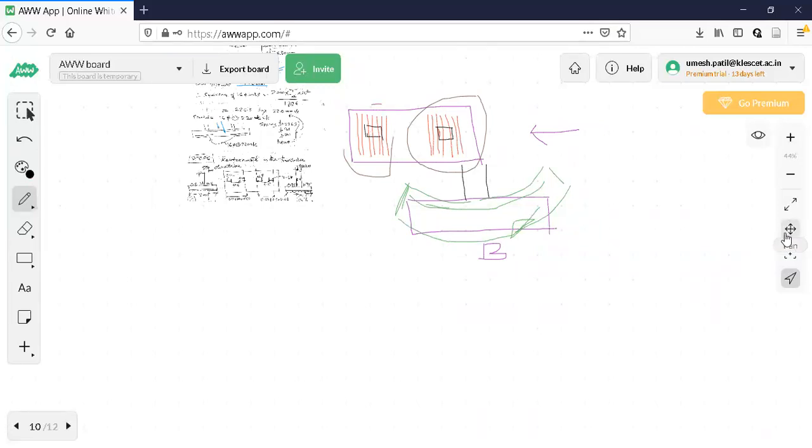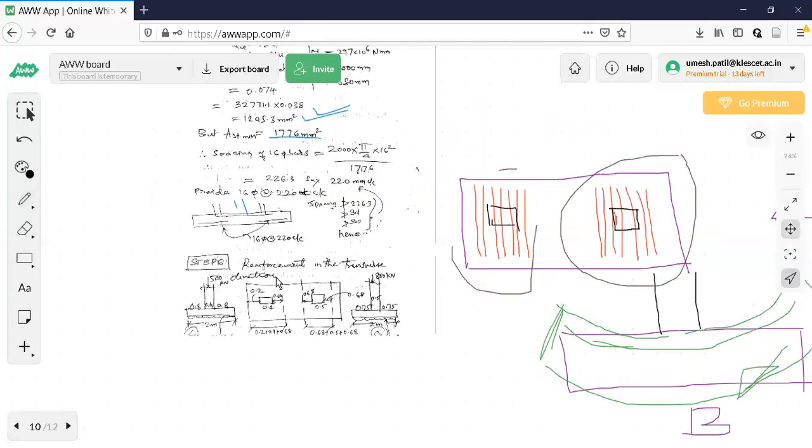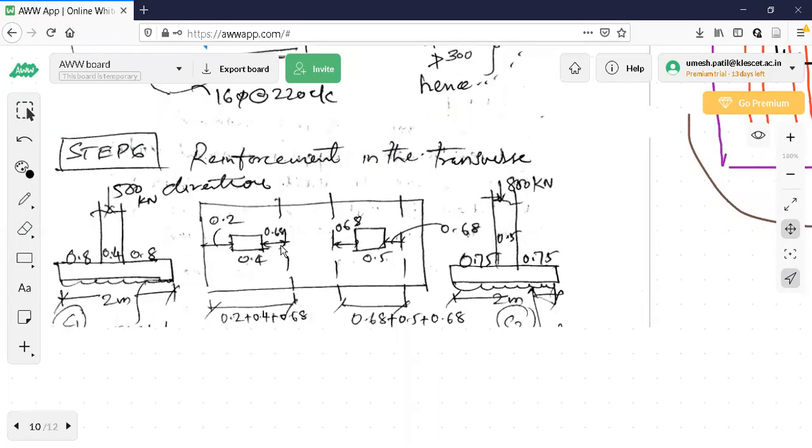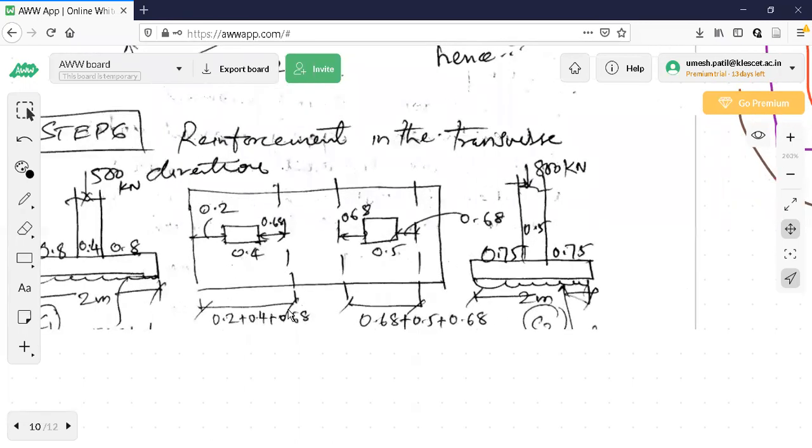Now observe. Now let us start the transverse reinforcement under the heavily loaded column. This column is more heavily loaded, or I can say A2 is more than A1.